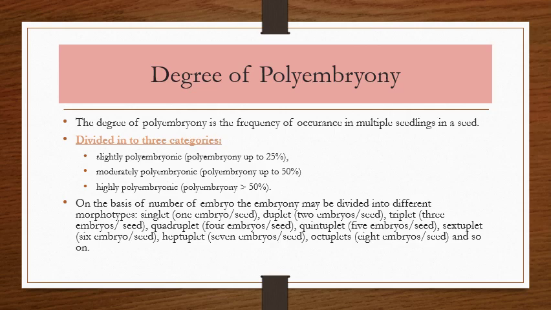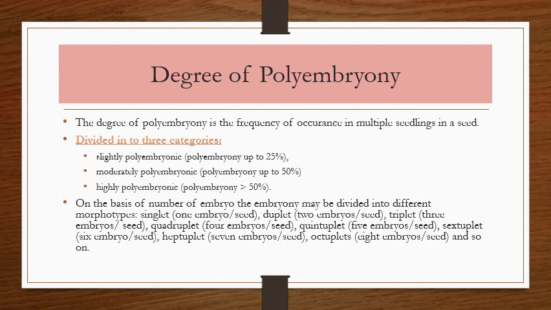It may be divided into singlet, in which one embryo is present in one seed; duplet, in which two embryos are present in one seed; triplet, in which three embryos are present in one seed; quadruplet, in which four embryos are present; quintuplet, in which five embryos are present per seed; sextuplet, in which six embryos are produced in a single seed; and heptuplet, in which seven embryos are present, and so on.